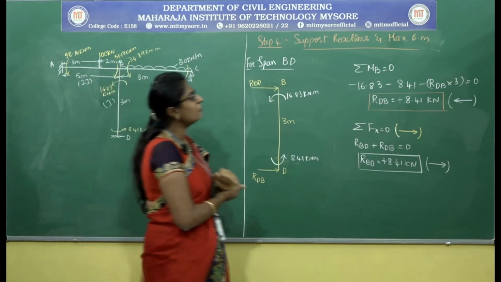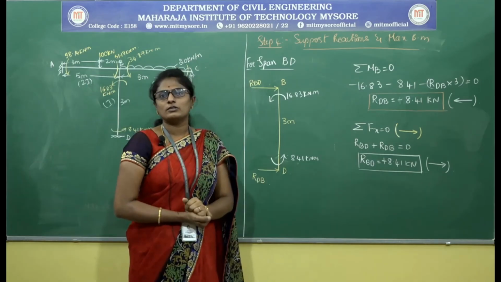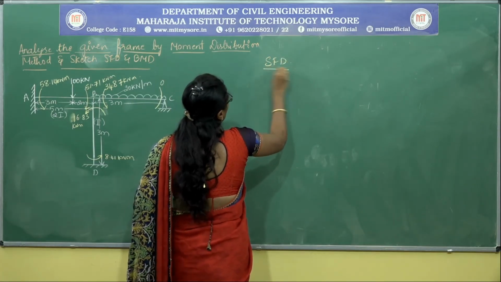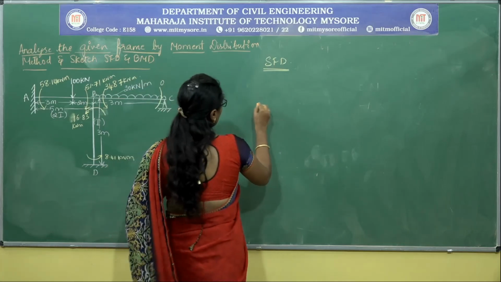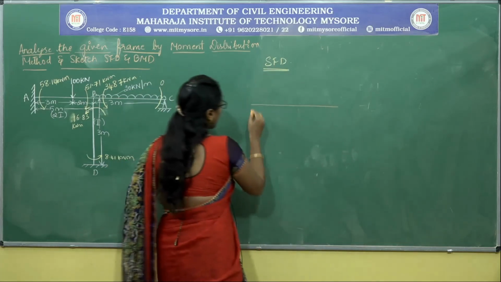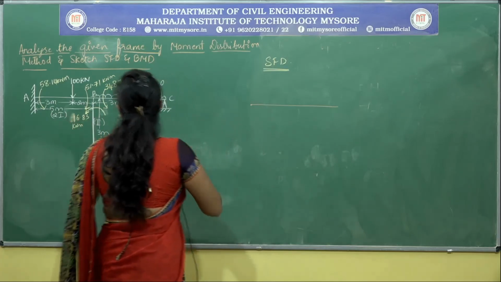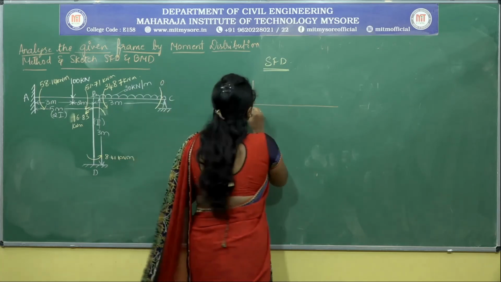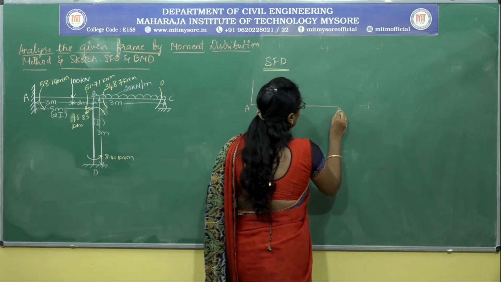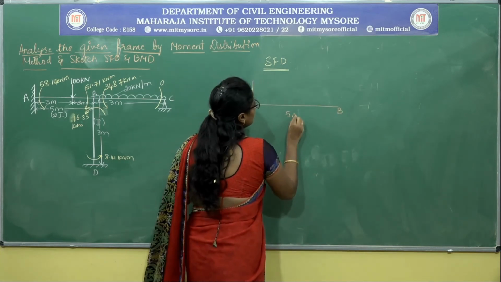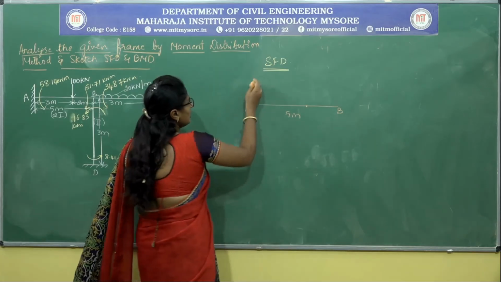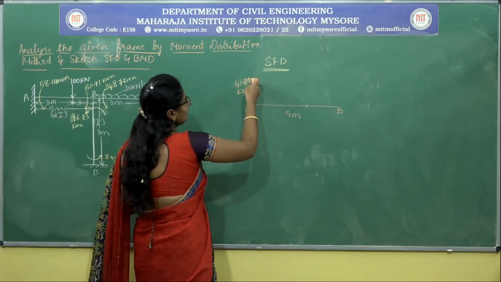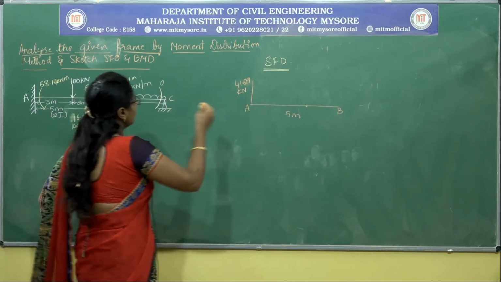Next, by using these support reactions, we need to draw the shear force diagram and the bending moment diagram. Consider span AB. The reaction at A, that is RAB, is 41.29 kilonewton, so we go up, for a span of 5 meters.